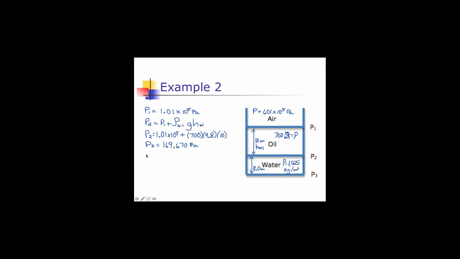Now at point 3, I have the pressure at the top of the water, which is P2, plus I have to add the pressure due to the water, which would be rho, which is for the water, g times the height of the water, or depth of the water, and this is the height of the water here, 8.